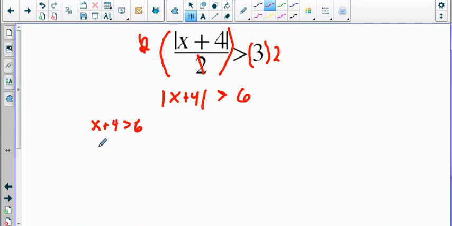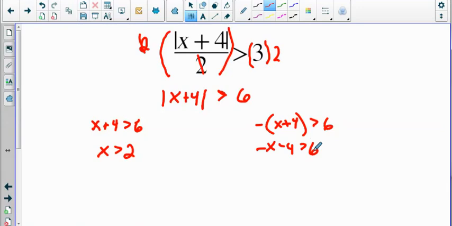Treat this like an equation. That means you take 4 away from both sides. So x is greater than 2 on the left side. Over here, you take the opposite of everything you see in there. The opposite of x plus 4 is, the opposite of x is negative x, and the opposite of 4 is negative 4.